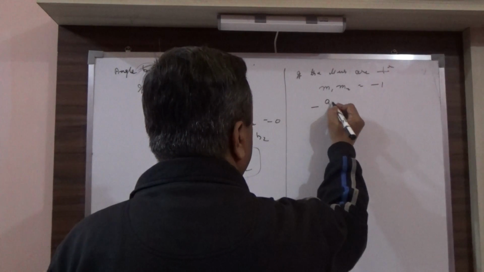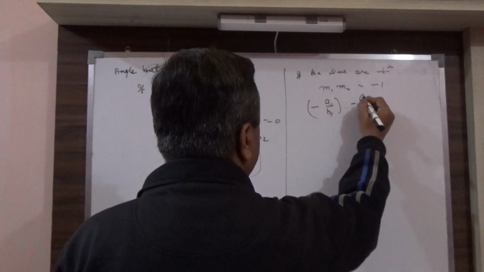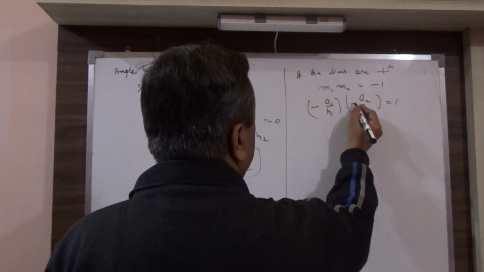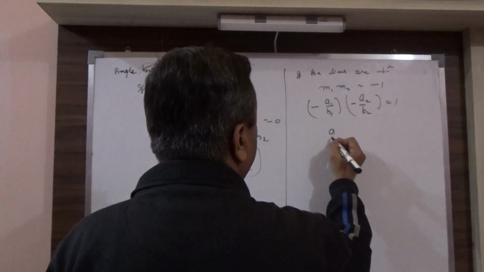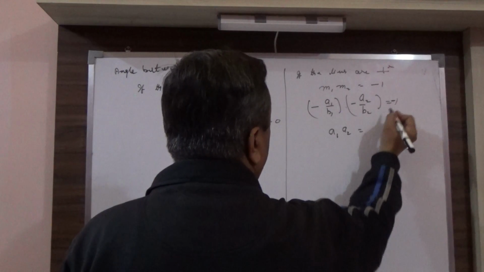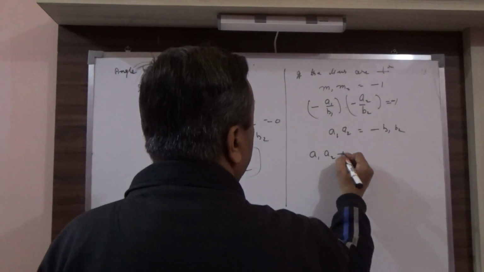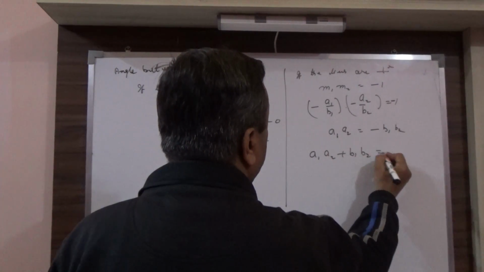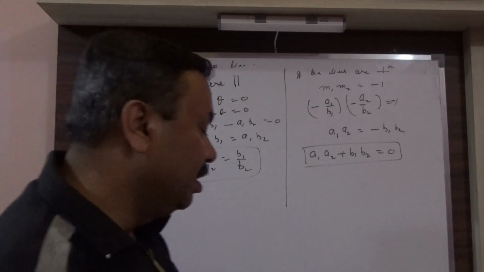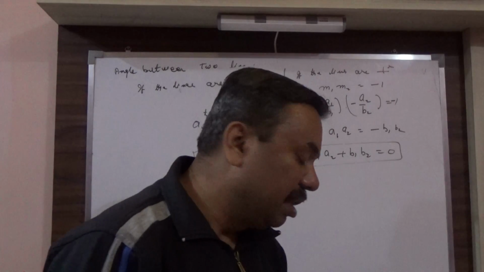That was minus a1 over b1 multiplied by minus a2 over b2. This is equal to minus 1. So minus times minus becomes plus, or I can say a1 a2 is equal to minus b1 b2, or a1 a2 plus b1 b2 is equal to 0. If this is so, then I can say that the lines are perpendicular to each other.